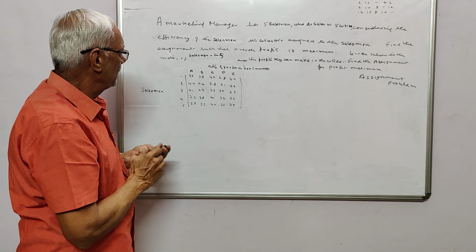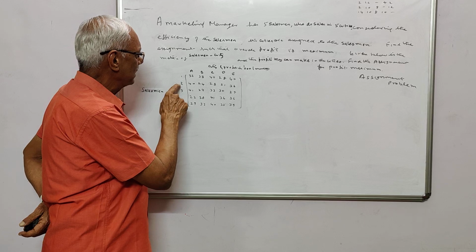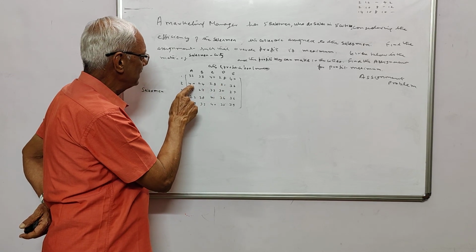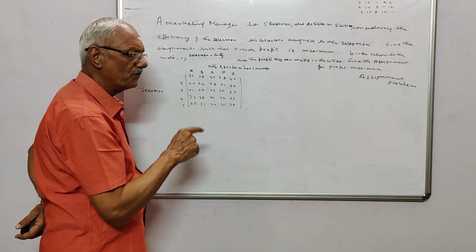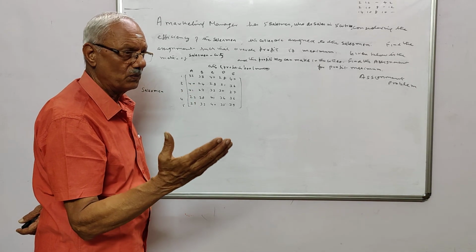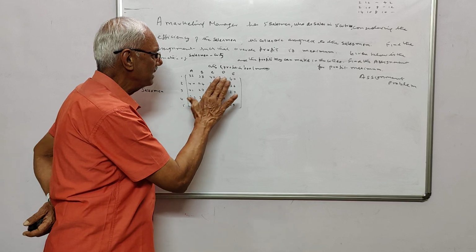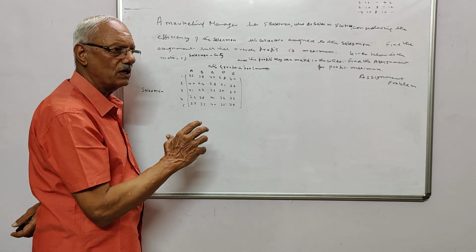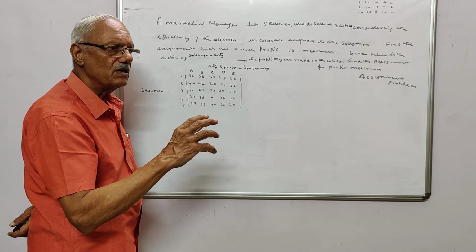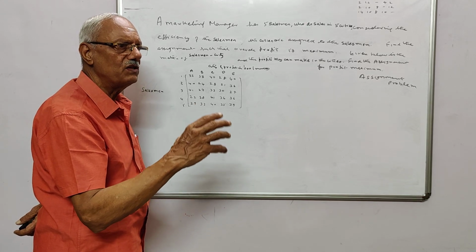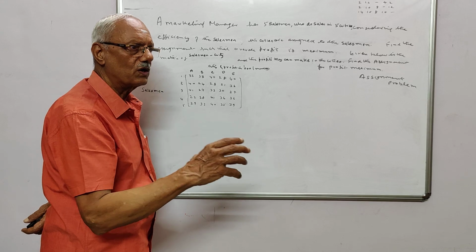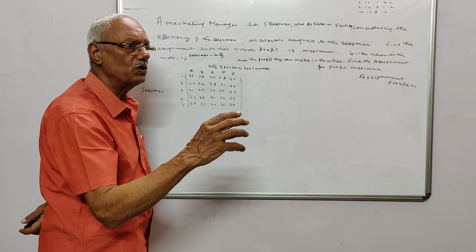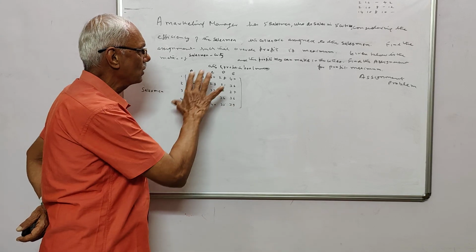And here you see that salesman 2, if he is assigned the city A, will be able to make 40,000 per month. Likewise, these salesmen are given, and the cities where they can be posted, and the profit they are likely to make is given as a matrix.